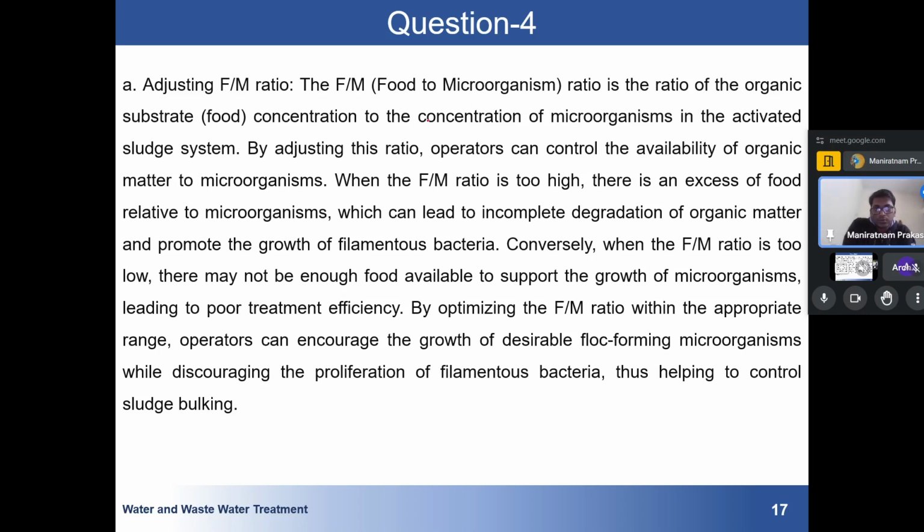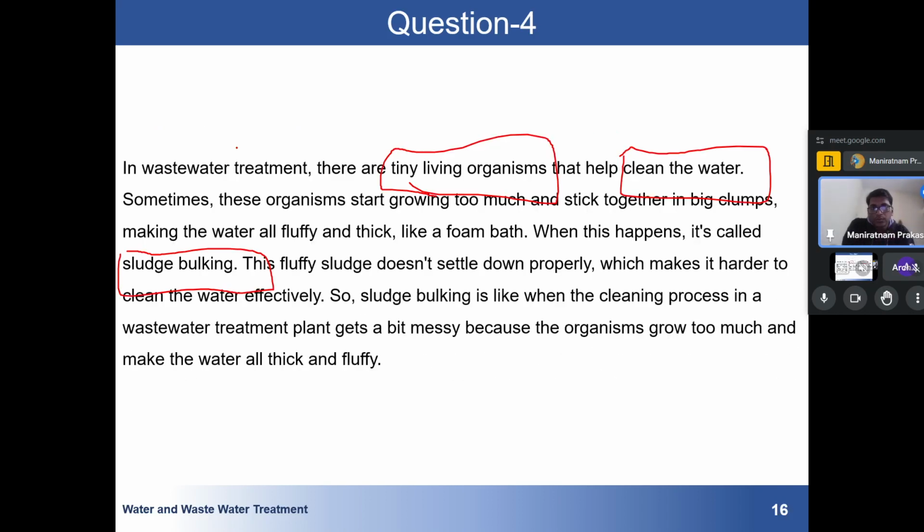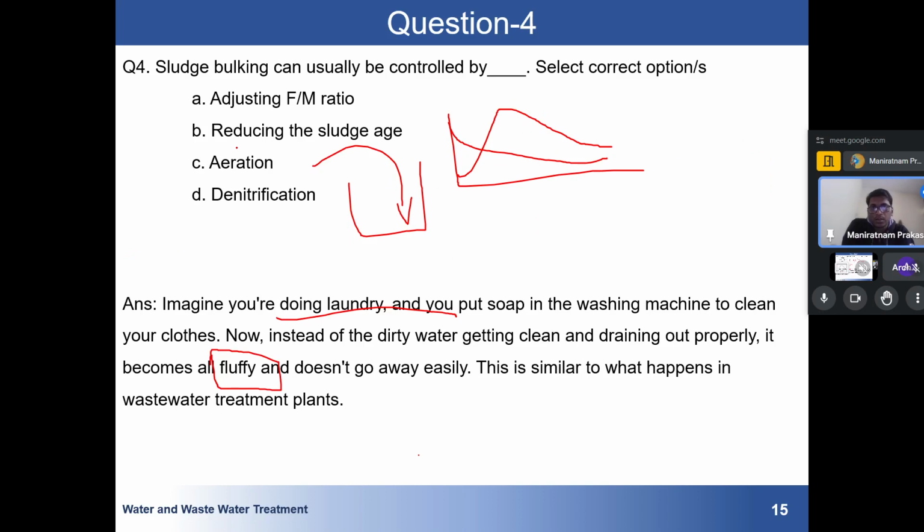This is defined as the ratio of organic substrate or organic matter concentration to the concentration of microorganisms in an activated sludge system, or in any system, not just activated sludge.